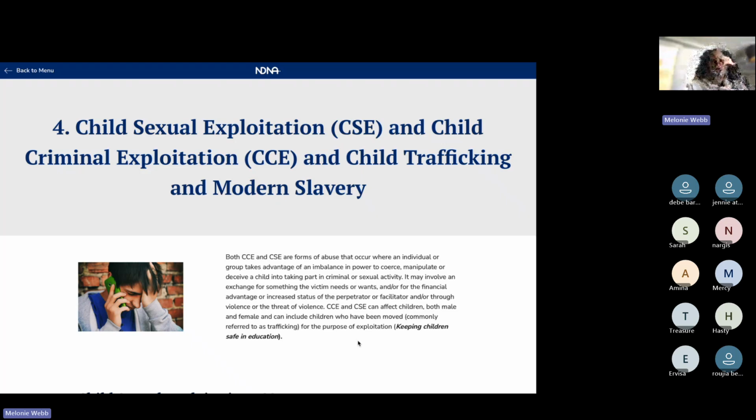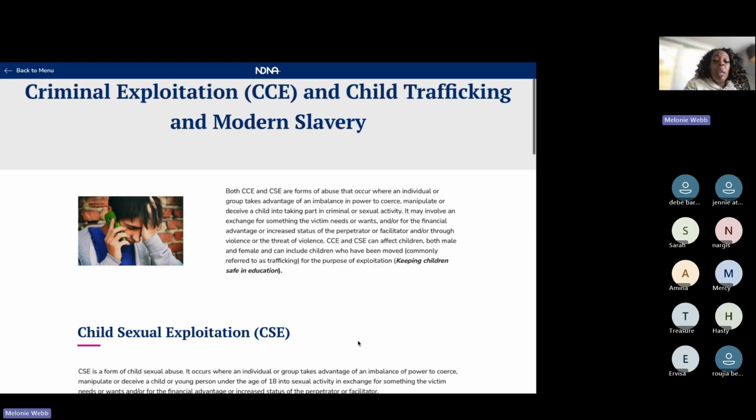It may involve an exchange for something that the victim needs or wants, and for the financial advantage or increased status of the perpetrator or facilitator, or through violence or the threat of violence. CCE and CSE can affect children, both male and female, and can include children who have been moved for the purpose of exploitation. That would be child trafficking.